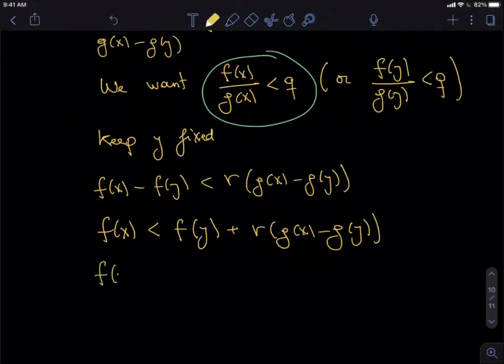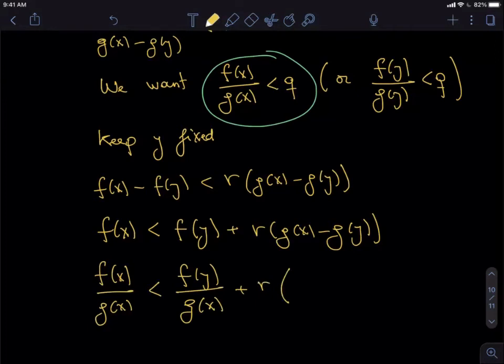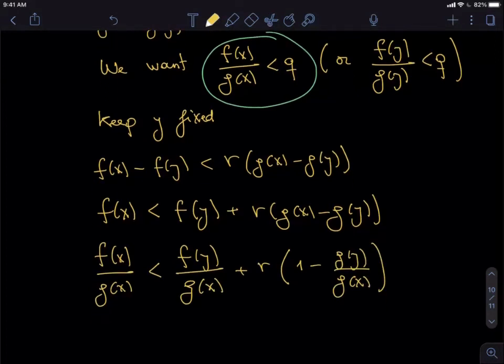So we can divide both sides by g(x), plus r g(x) divided by g(x) is 1, minus g(y) divided by g(x). And here the idea now is that as g(x) goes to infinity, this term here is going to disappear, this one too, and we get f(x) divided by g(x) less or equal than r, which is less than q. So that's basically the goal.